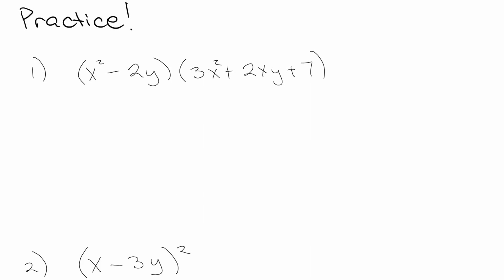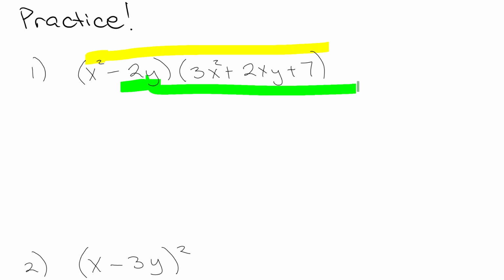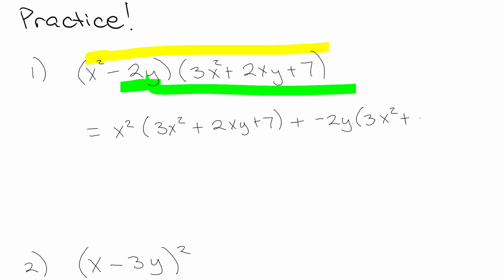So, assuming you've done that, let's see what we can do now. All right, so we can't do a FOIL or anything fancy on this. We just have to do a straight up distribution: this x squared wants to get multiplied by everything that follows, and the negative 2y wants to get multiplied by everything that follows. So that means we have x squared times 3x squared plus 2xy plus 7, and then plus the negative 2y times, again, that 3x squared plus 2xy plus 7.